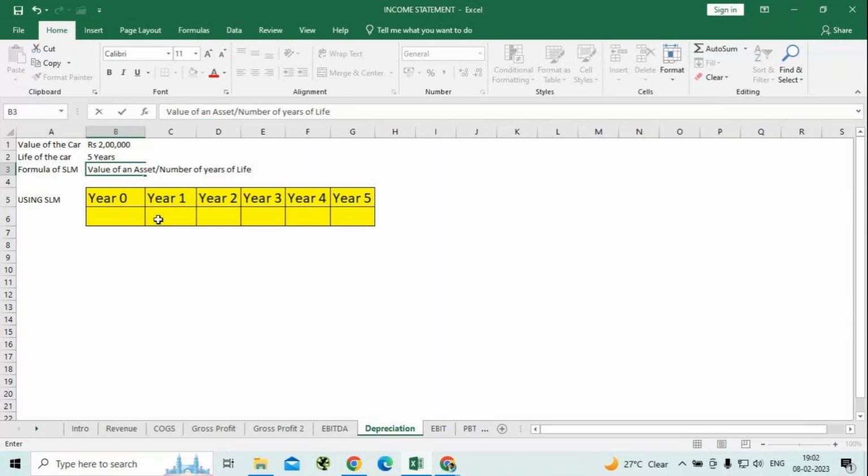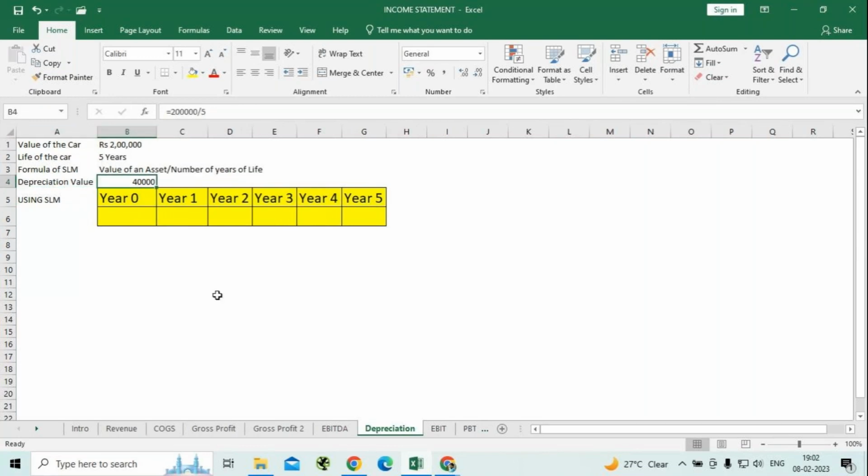So the depreciation value will be 2 lakh divided by 5 years. Every year it is going to decrease by 40,000 rupees.